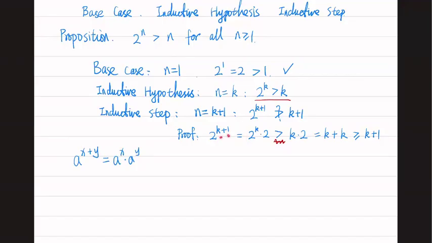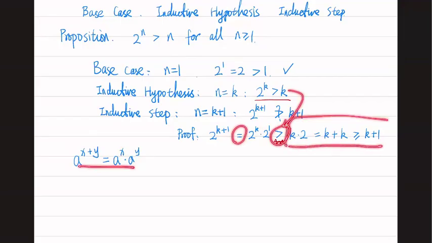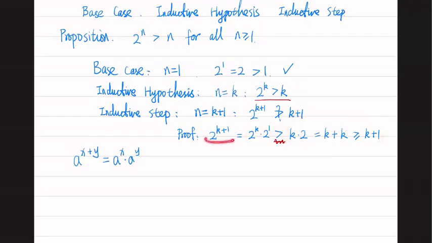So 2 to the k plus 1, I split the power. I put the k over there, 1 over there. I see. So this step, the power rule. Next step, the hypothesis. So the remaining step, they're just the algebra. It's easy. So in this way, you establish the inductive step and let's complete the proof.